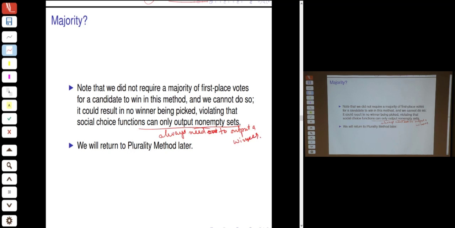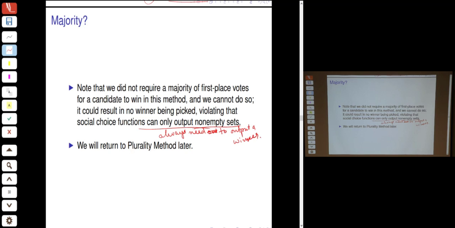This pertains to the example that we discussed before, because there are more than 2 candidates. For example, if there are 3 candidates, the first choice votes can be split more or less equally 3 ways, and none of the candidates might have a majority of the first choice votes. So, if you ask for a majority of the first choice votes for a candidate to be declared the winner, there could be none.